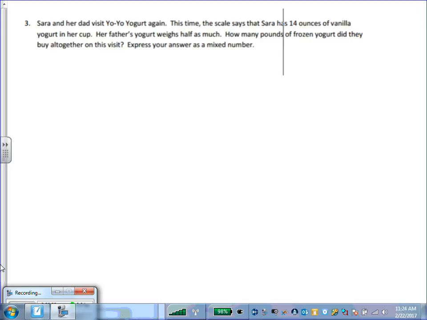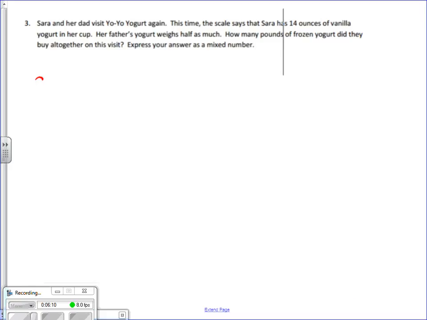So if Sarah has 14 ounces and her dad has half as much, 14 divided by 2 is 7 ounces. So it says, how many pounds of frozen yogurt did they buy altogether? What did we decide yesterday was the easiest thing to do?